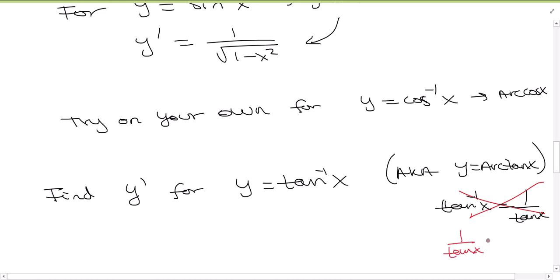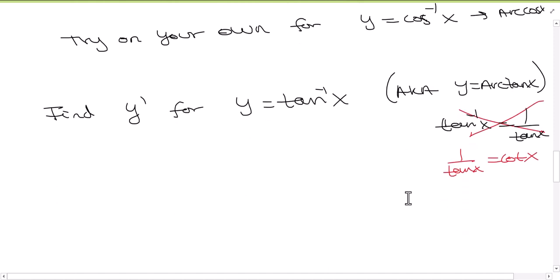The reciprocal of tangent x is cotangent x. So in order to avoid that misconception that when you see a minus 1 that means 1 over, we oftentimes use the arc notation, arc tangent, arc sine, arc cosine, to avoid people thinking that this is the reciprocal. Okay? All right.